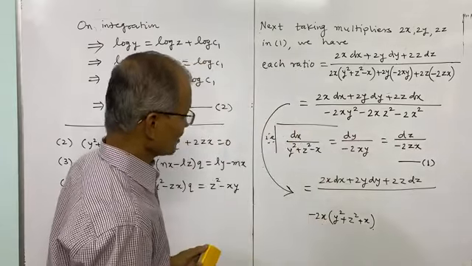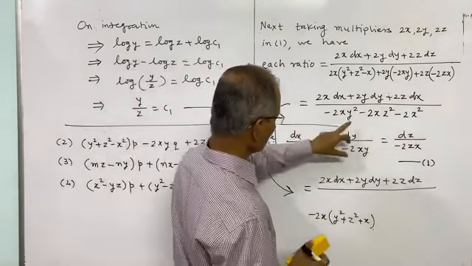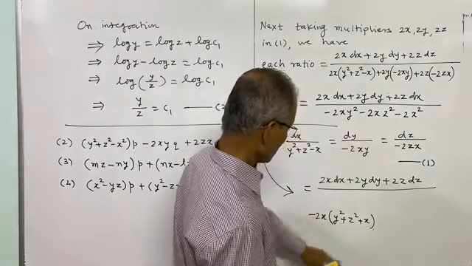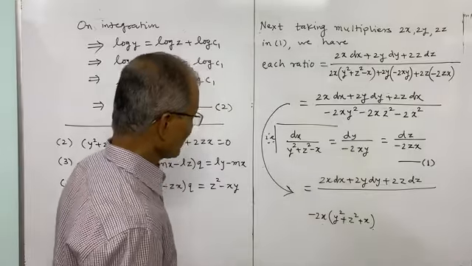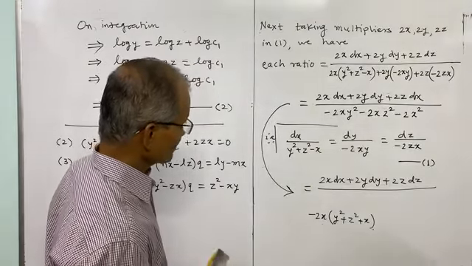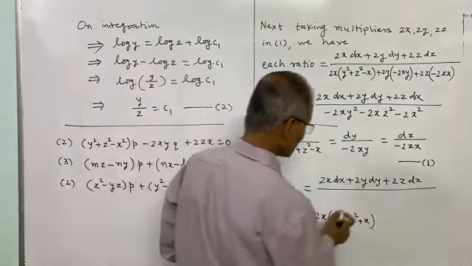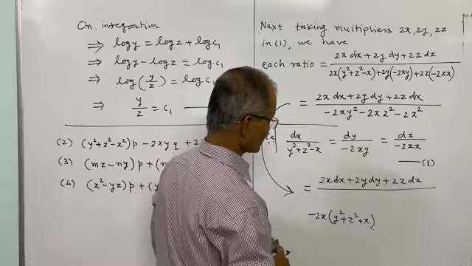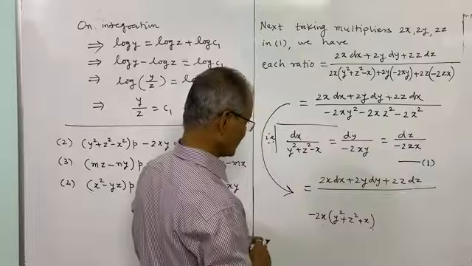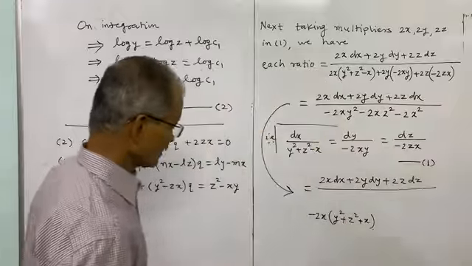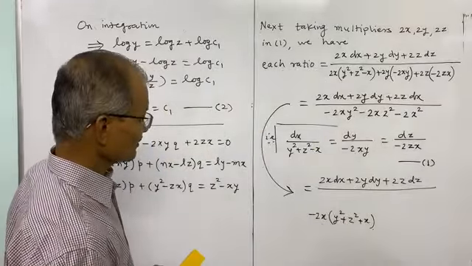And what is common is minus 2x, then in the bracket what remains is y square plus z square plus x. And we can equate this to which one? So if you equate this to the last ratio dz divided by this, negative 2x cancels, and what we get is y square plus z square plus, so it must remain x square in the bracket.